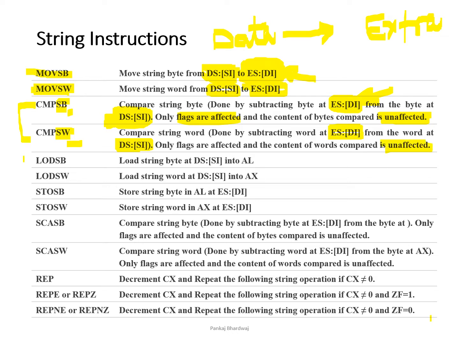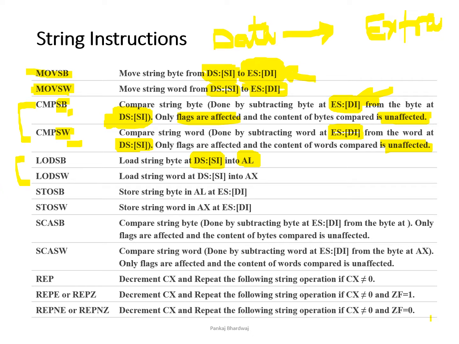The bytes from which we are doing the comparison are simply unaffected. Next is load string byte and load string word. Load string byte means if we are going to load 8 bits, we should use an 8-bit register, that is by default the AL register. That means the byte from the data segment and SI will be loaded into AL.